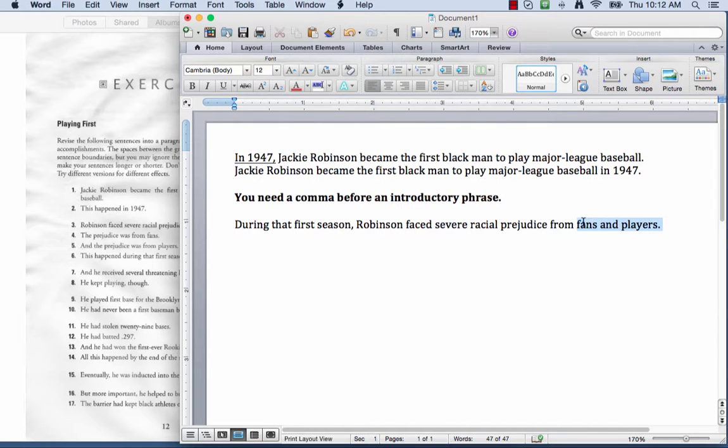Now, you're probably saying, oh, well, you've added two things together here, fans and players. If you only add two things together, two nouns, two verbs, and there are other things, it does not need a comma.